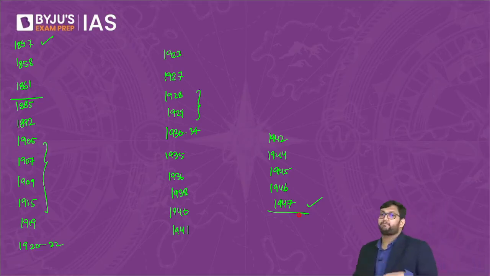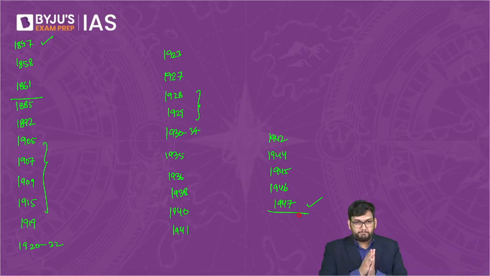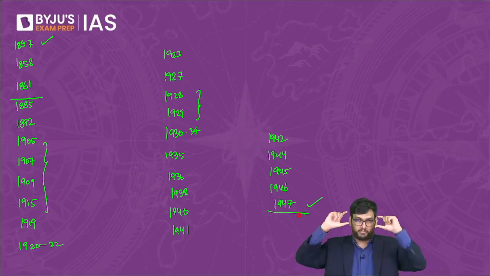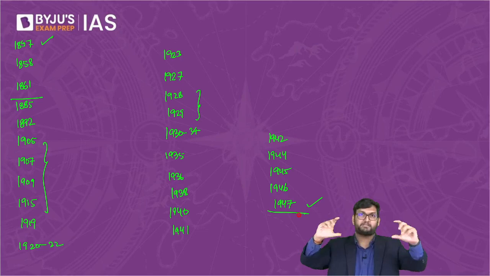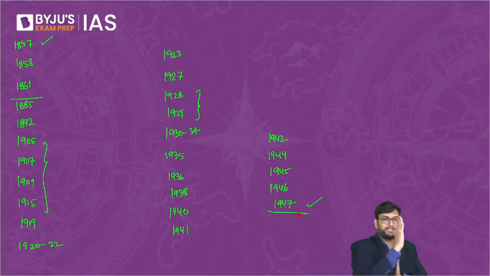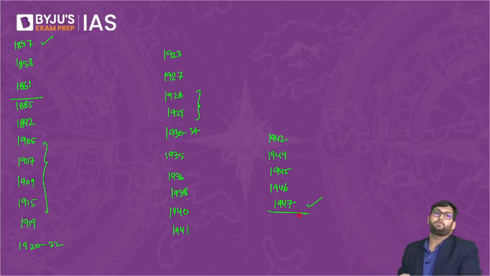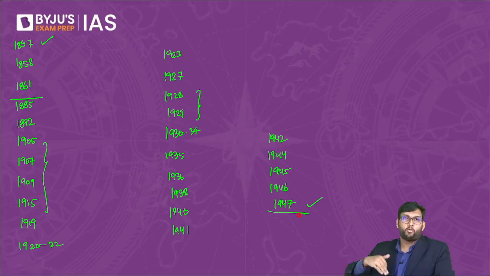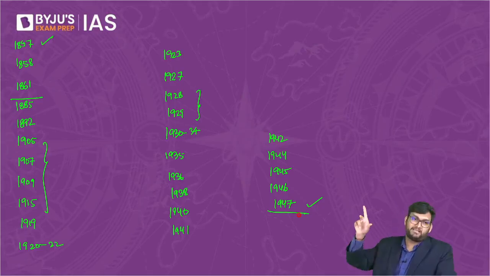But as I said, if the student's base is very strong, if they understand the building blocks, advent to expansion to consolidation to economic policy to education policy to social, how they are actually connected to each other, then you will never struggle in this area, because this area is more interesting, it's much lighter, and it's more based on your own experience. You would have done it for sure in certain areas. It's just about changing your level and making it UPSC level.